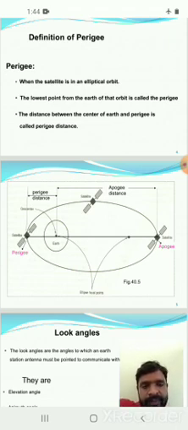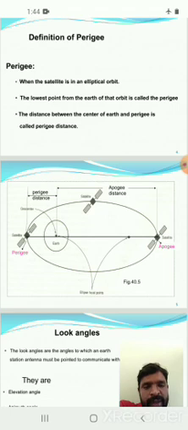In this, the farthest distance, or the maximum distance from earth to satellite, is called apogee. The apogee distance is the distance between the earth center and the satellite.